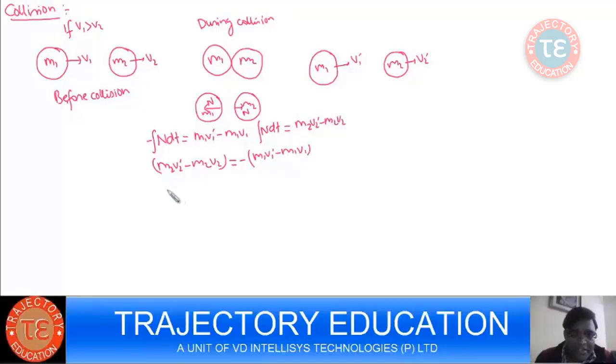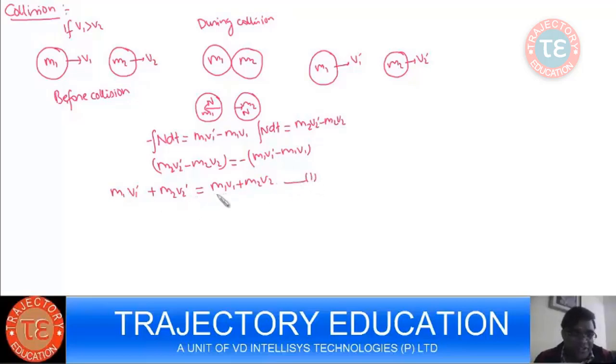Bringing terms to one side, m1 v1 dash plus m2 v2 dash is equal to m1 v1 plus m2 v2. This is one equation that you are getting.